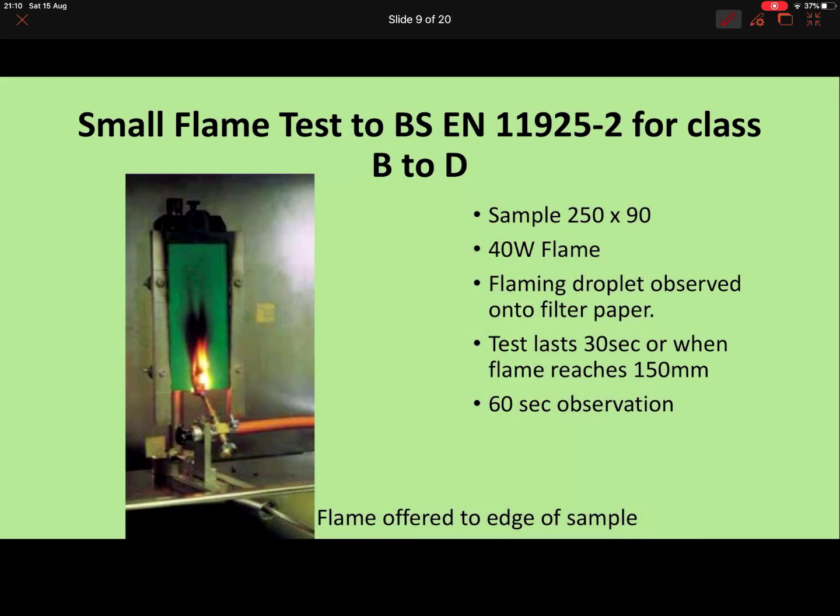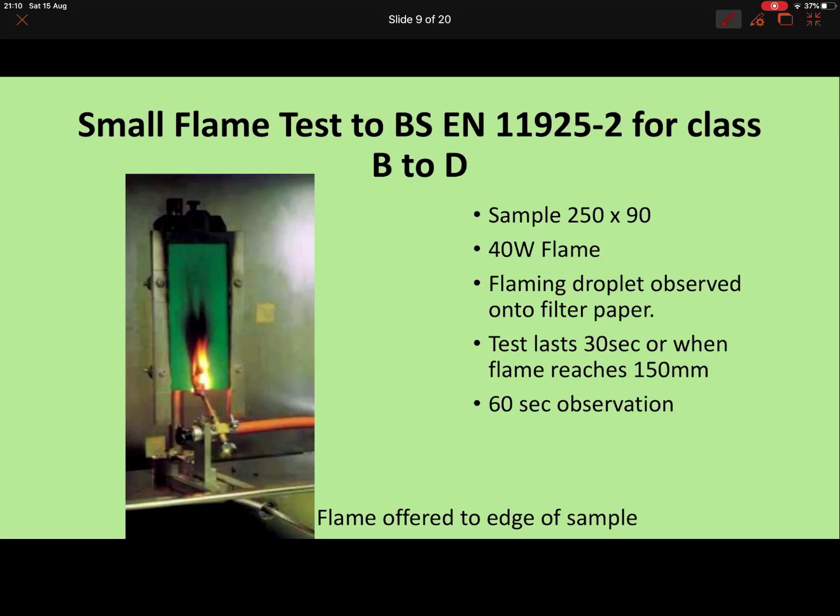There is another test failure of the product, and here is a summary of the test. And as you can see, the photograph of this test shows the product being tested on the edge, which is a good idea. But like I said, it is an ignitability test.